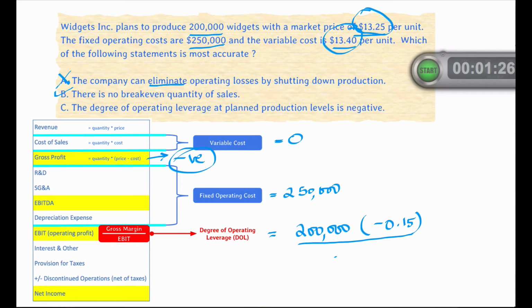In addition, we have fixed operating costs of $250,000. So that would leave our EBIT position at minus 280,000. So our degree of operating leverage is minus 30,000 over minus 280,000. And of course, this is plus 0.11. So DOL is in fact a positive number and C is incorrect.